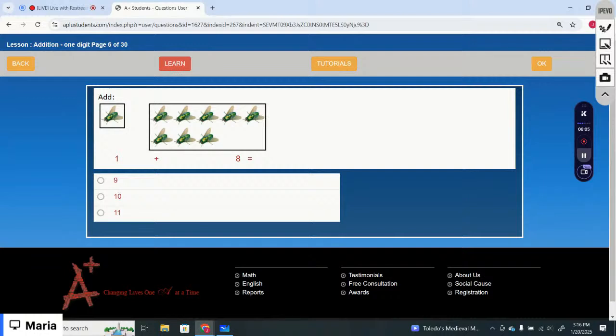8 plus 1, which is the correct option? 8 plus 1 makes 9. The correct option is 9.